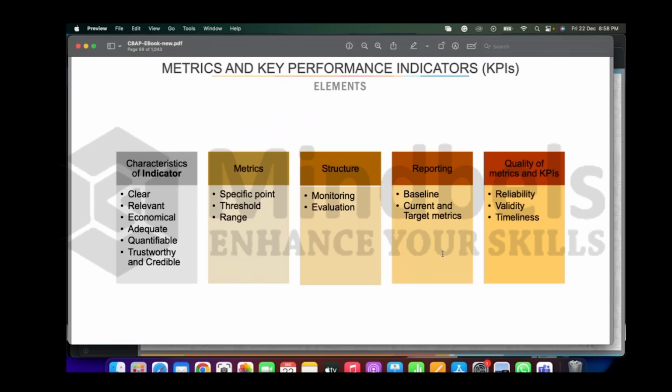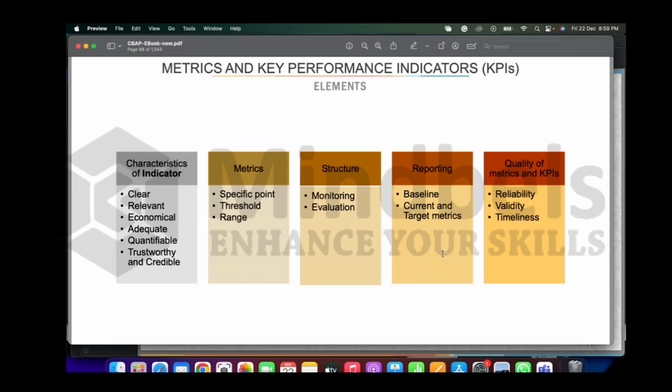When you're measuring someone's performance, you have to be very clear, and it should be logical and realistic. You cannot set performance goals for your team saying, do ABC, which is out of scope.